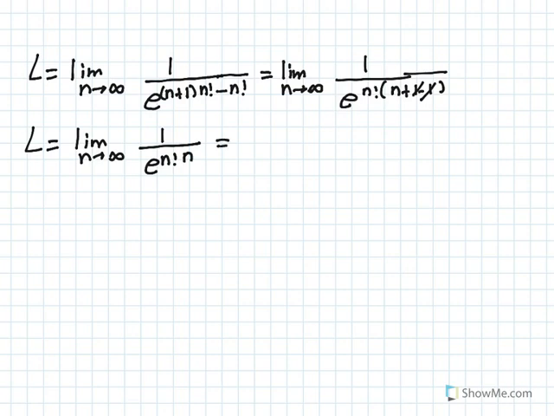And of course, this ratio will approach 0 because we have 1 divided by e to the power of n factorial times n, which grows to infinity very fast. So 1 over infinity is equal to 0. L is equal to 0, which is less than 1.